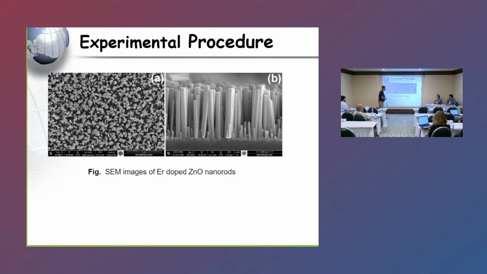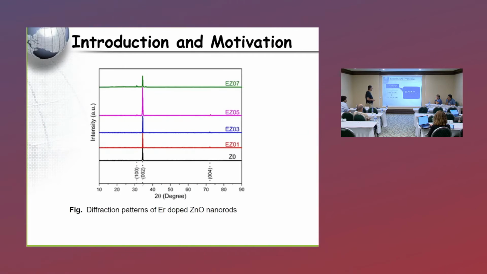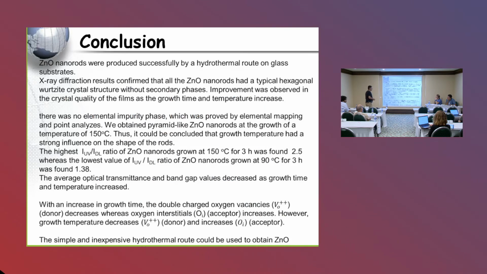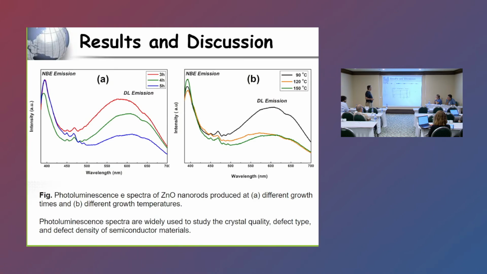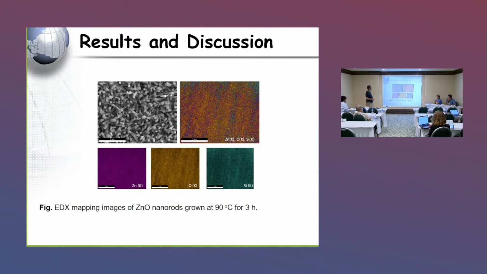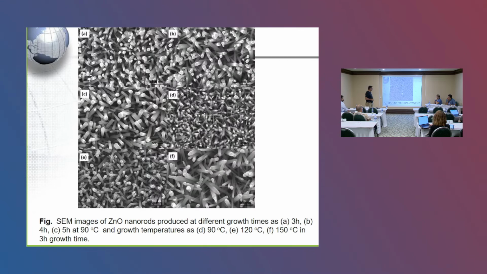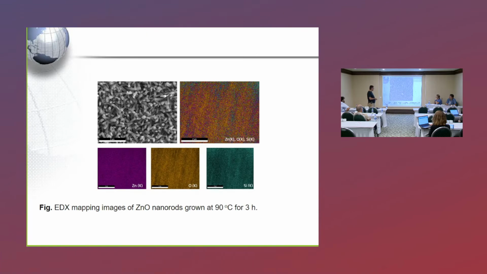This is the cross section. I forgot to put it above. Look at the cross section. There are nanorods on the seed layers. Again, I'm sorry. Okay, I will go back very fast. You can see the hexagonal nanorods here.